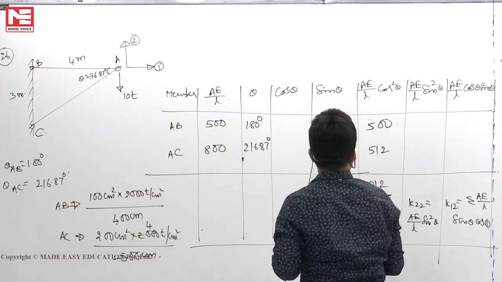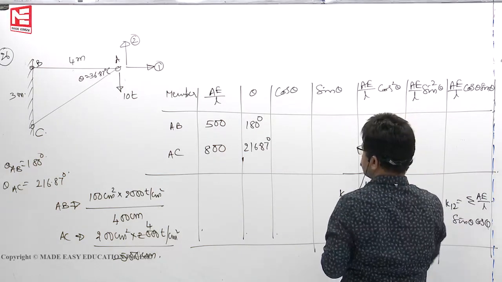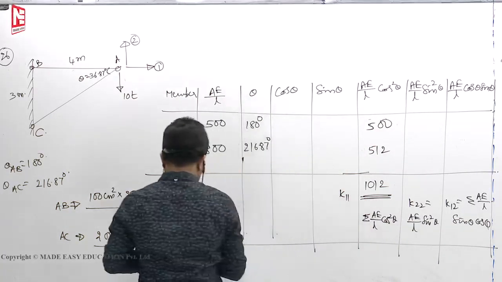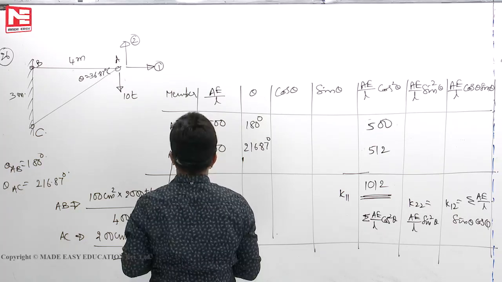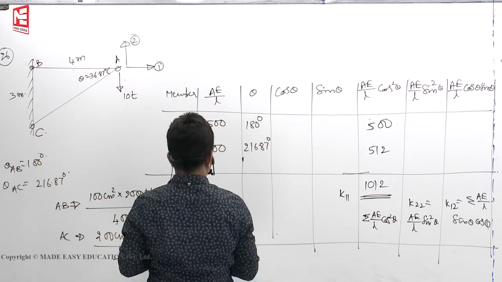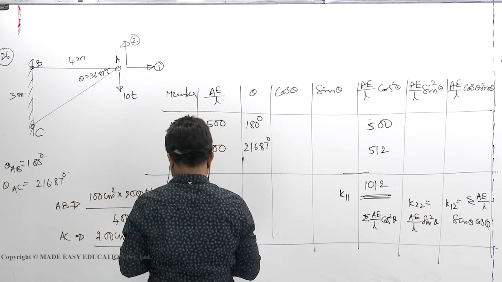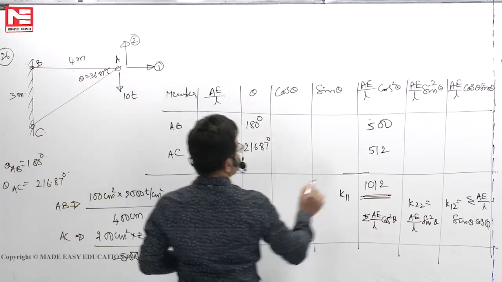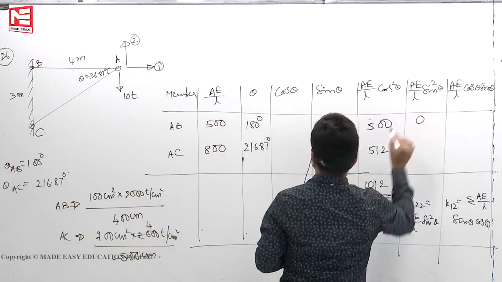This only calculation AE by L sine square theta. So this value will get around sine 180. AE by L sine square theta, this is 0.